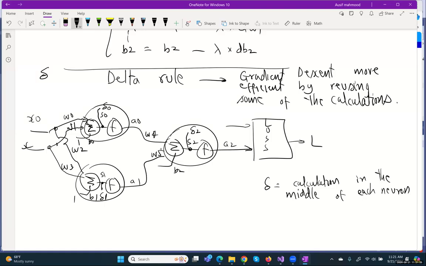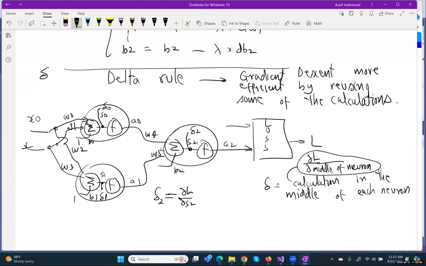So what exactly is this calculation? The calculation is partial L over partial middle of neuron. For example, remember I was calling this middle value as S2. So delta 2 is actually exactly equal to partial L over partial S2.